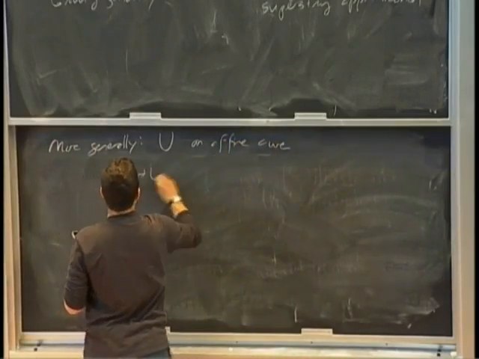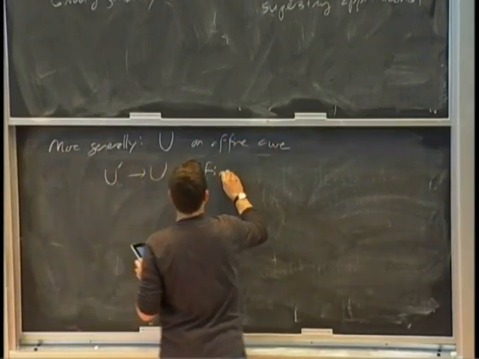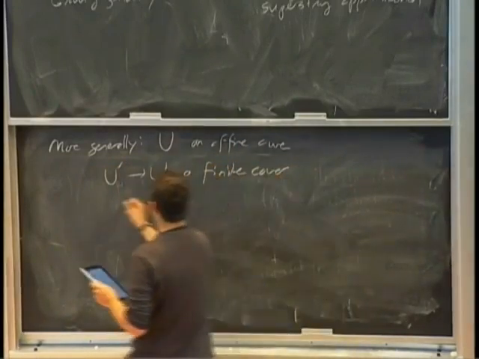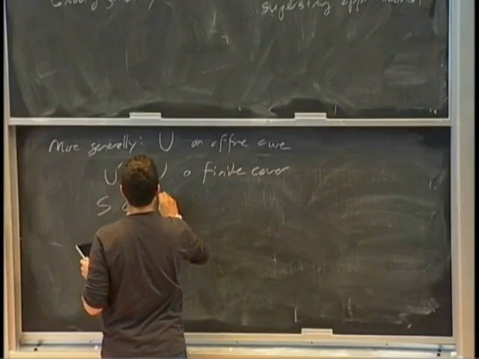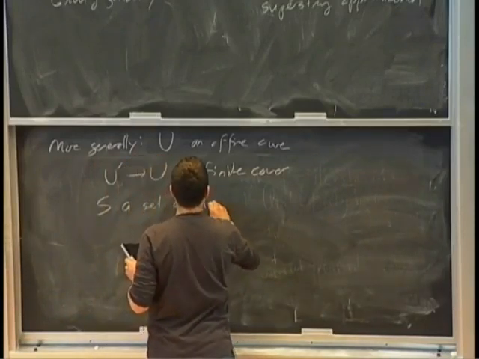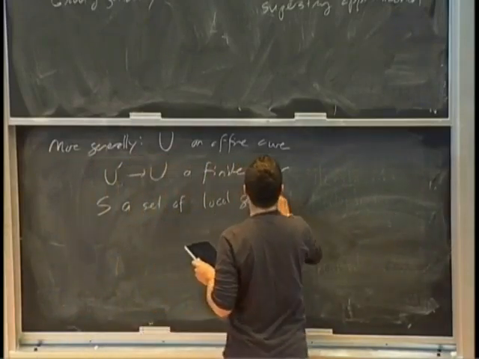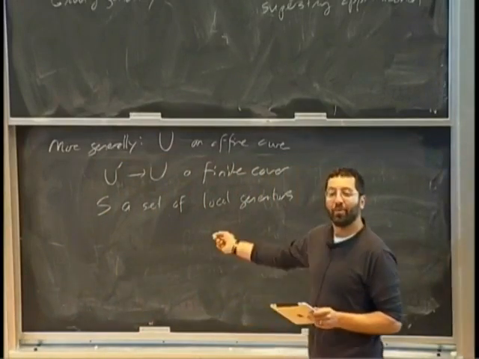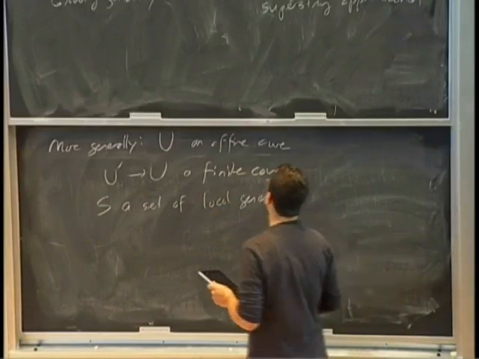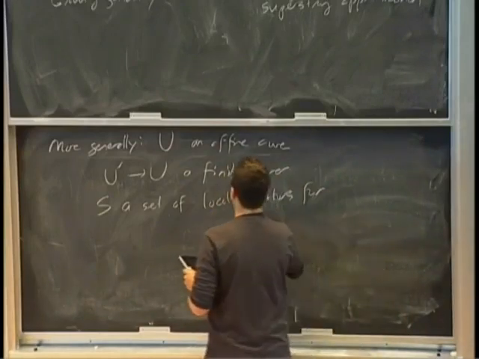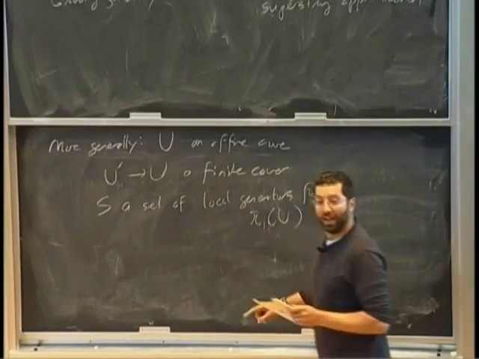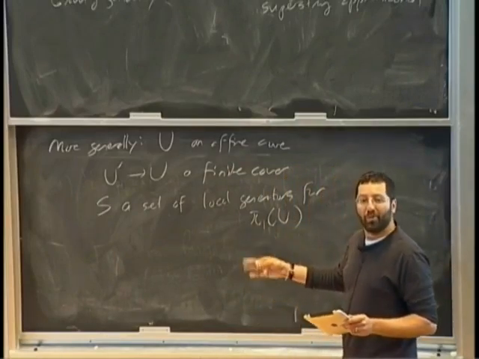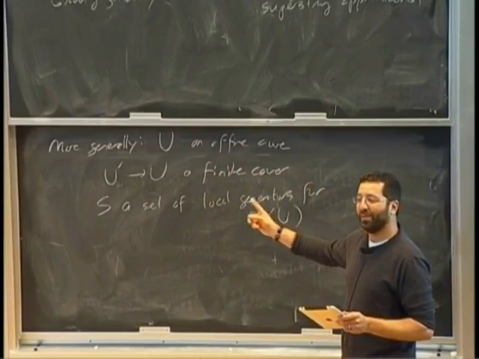U prime to U a finite cover, and S a set of local generators, by which I mean generators which are in those special conjugacy classes I talked about last time, corresponding to little loops around the punctures in U, for pi 1 U, which since I made this an affine curve is actually a free group. So nothing is really different with surface groups. I just don't want to kind of say free group or surface group all the time in this discussion.